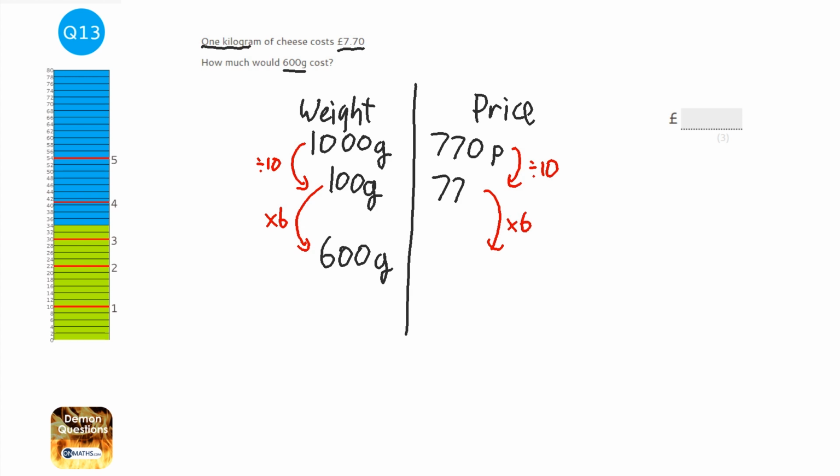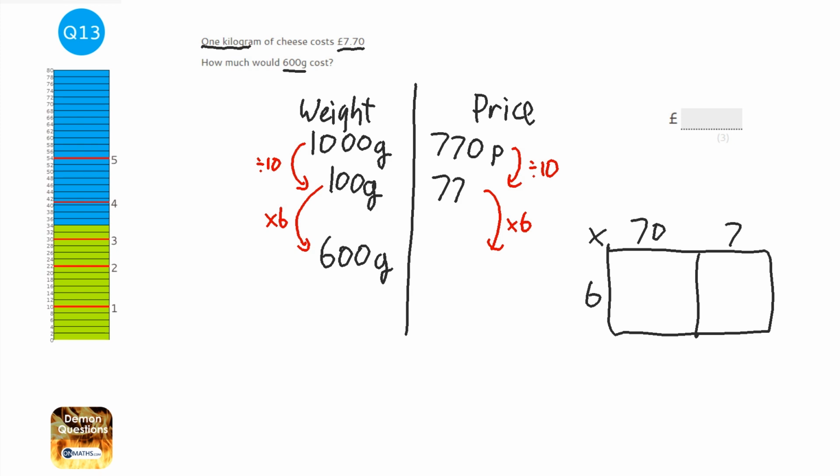Okay, so if you've got a calculator, you can just type it in, but let's assume that you don't for this question. So we've got 77 times 6. 6 times 7 is 42. Add a 0. 6 times 7 is 42. Add them together. Probably don't need to do this, but anyway, I'll do it anyway.